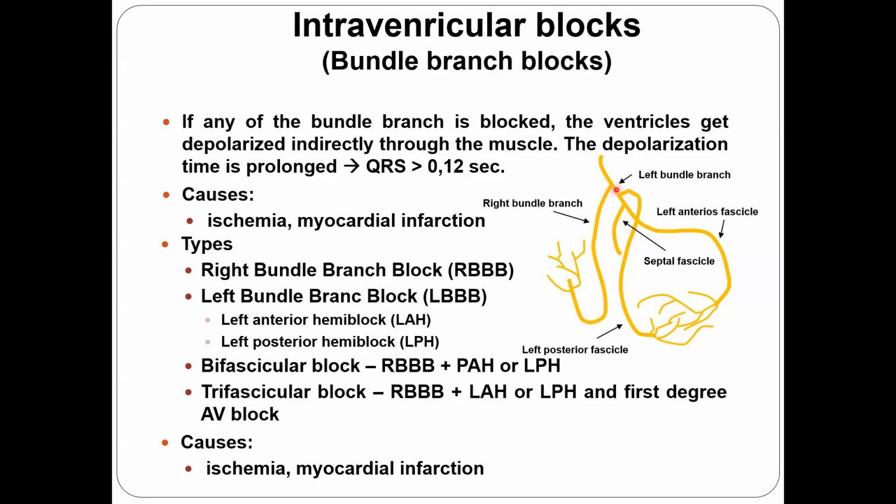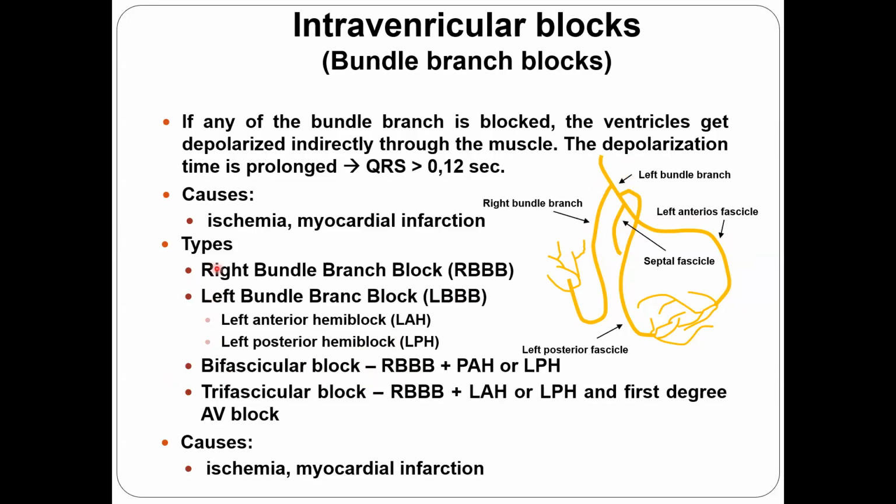The left bundle branch block is a complete block, blocking everything, including the septal part and the anterior and posterior. But it could happen that the block affects only the anterior fascicle or the posterior fascicle.